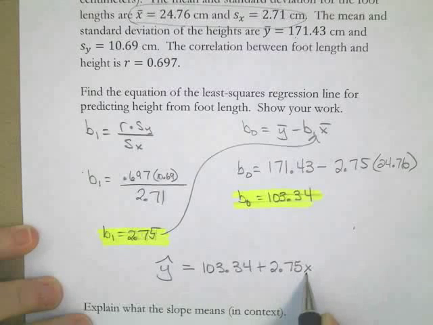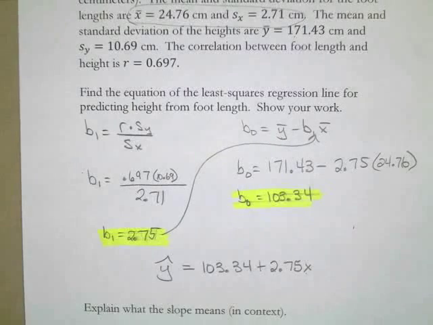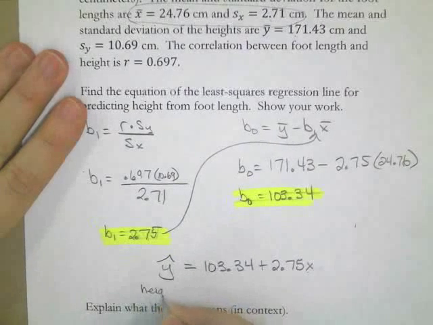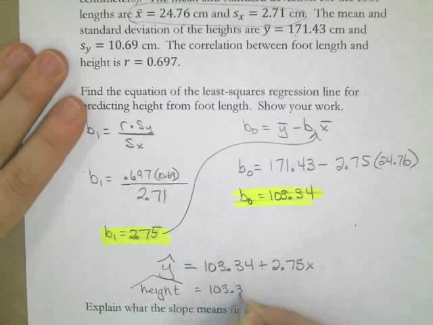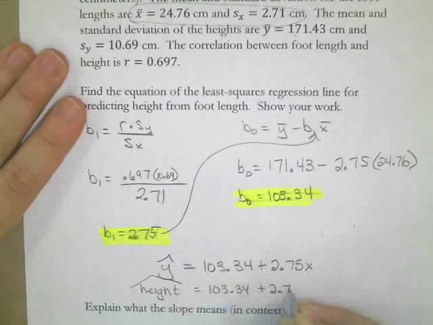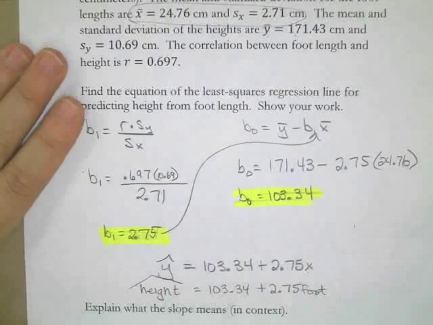Okay? All right, and so if you wanted to, we could also write it so you don't have to make the key. The predicted height equals 103.34 plus 2.75 foot length. Okay, and if you do that, then you don't have to write a key.